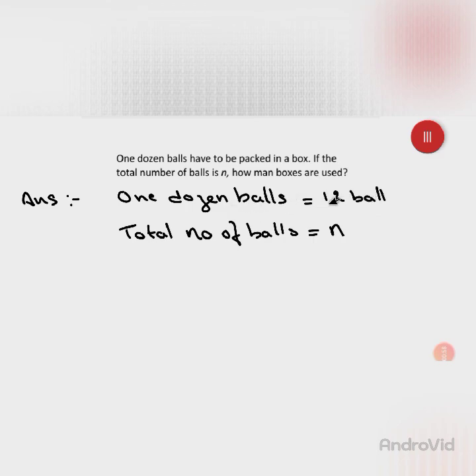Now 1 dozen or 12 balls are to be packed in a box, so how many boxes we require? That means boxes required will be n, the total number of balls, divided by the balls packed in a box, that will be n by 12.